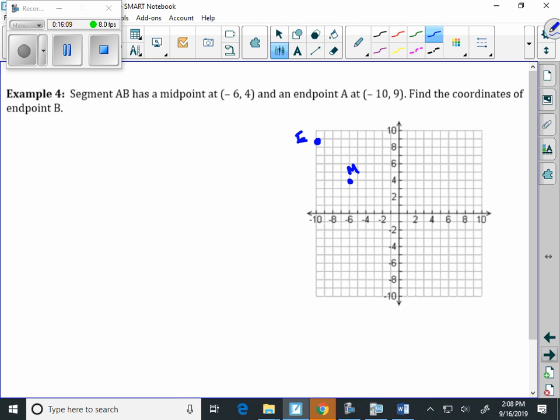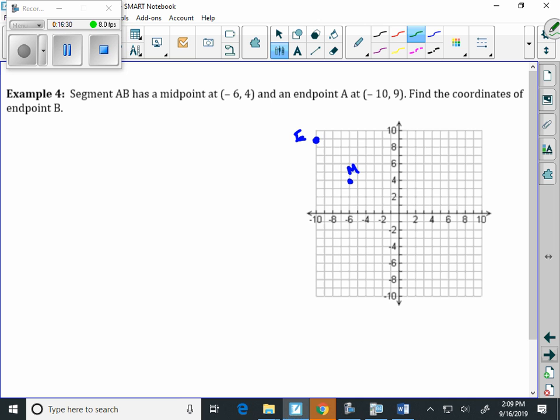But as we want to figure out what's the other endpoint, it's all about counting. So in this case, it's kind of like a slope process. We start here at this point, the negative 10, 9, and then we're going to count.